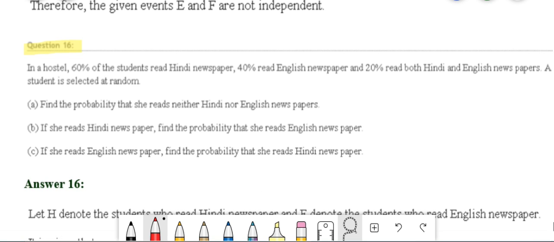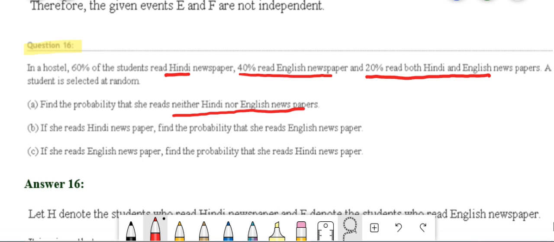In a hostel, 60% of students read Hindi newspaper, 40% read English newspaper, and 20% read both Hindi and English. So this is the intersection. A student is selected at random. Then, first, find the probability that she reads neither Hindi nor English newspaper. Alright, they are not reading any newspaper. This we have to find out.